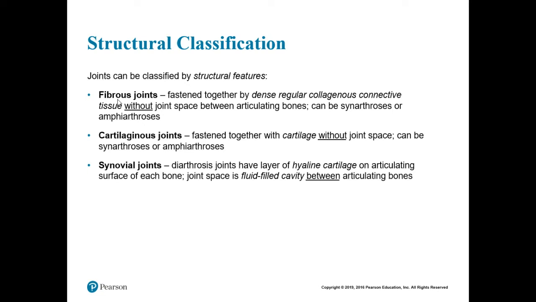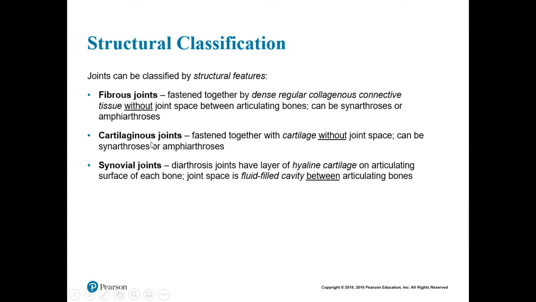If you recall from histology, fibers are mostly made up of collagen. They're collagen bundles of dense regular collagenous connective tissue. These very strong collagen bundles, when used within fibrous joints, create a very strong type of joint, which might not have a lot of movement.